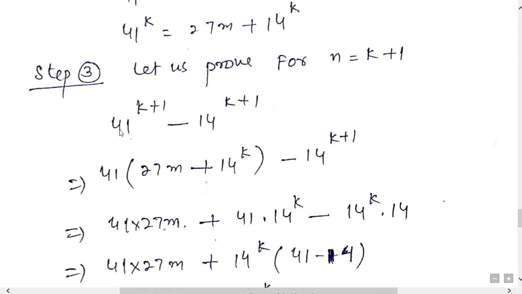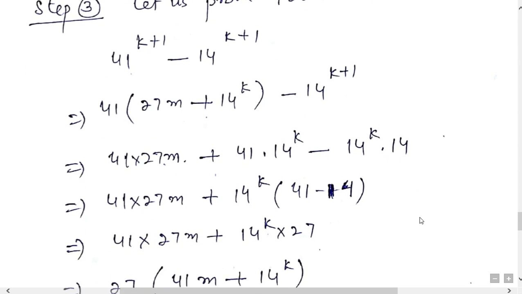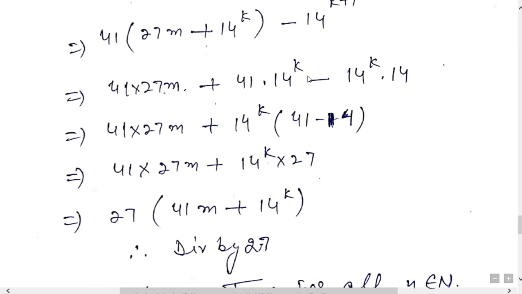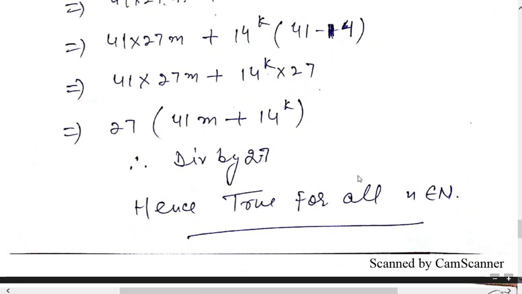Then insert the value of 41 raised to power k, and 41 raised to power 1 is outside, that is 41, times 27m plus 14 raised to power k. 41 multiplied by 27m, then 41 multiplied by 14 raised to power k, and 14 raised to power k plus 1 can be written as 14 raised to power k into 14. From the second and third term, take 14 raised to power k common, and inside 41 minus 14 is 27. Now you can take 27 common from both terms. It means the whole term is divisible by 27.